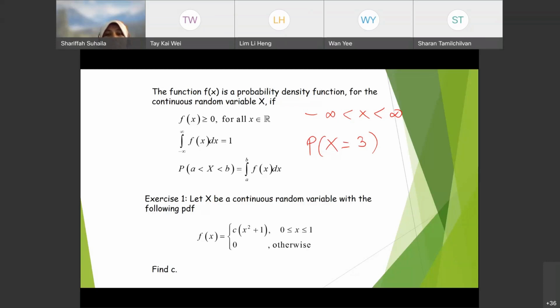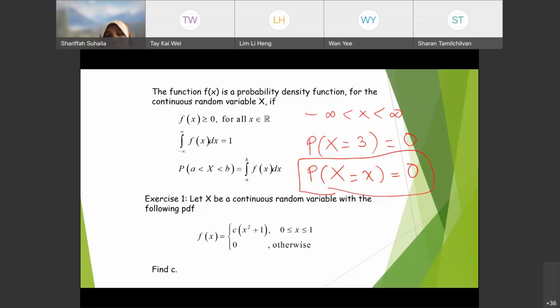So probability x equals 3 is actually 0, because your continuous random variable cannot take an exact value, which means the probability that the random variable equals an exact value is 0. So you can say probability x equals x is normally 0 for continuous, because it must be in terms of an interval. We cannot solve probability x equals x; it is equal to 0.